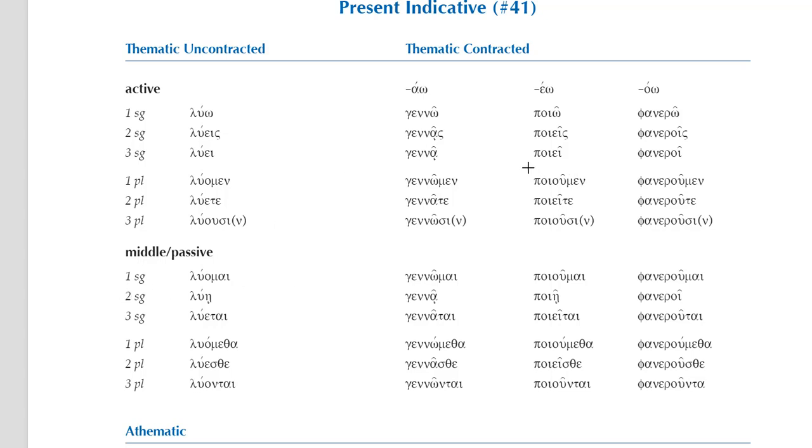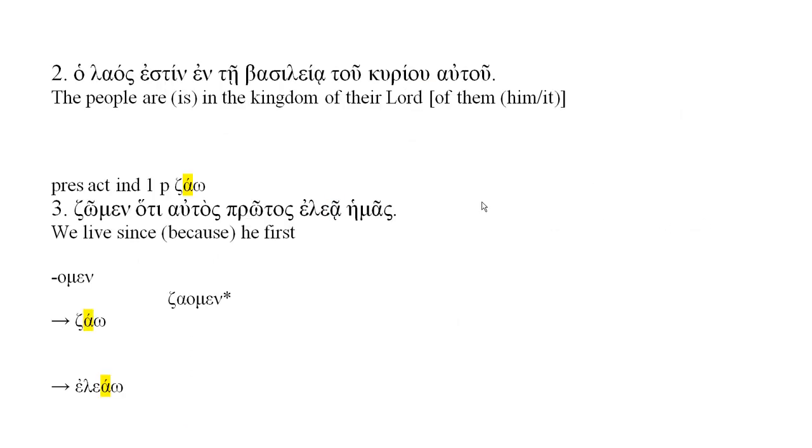So now that we know how contract vowels work, it can sometimes be quicker just to come and look at the chart and look at the endings and figure out where we are, whether we have an alpha contract, an epsilon contract, or an omicron contract. We have an alpha contract here. We just look down and figure out what our ending is based on that. That can be simpler.